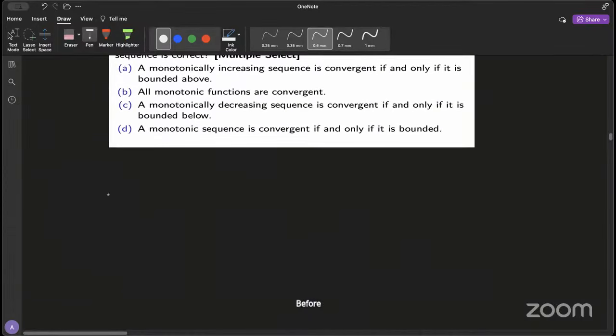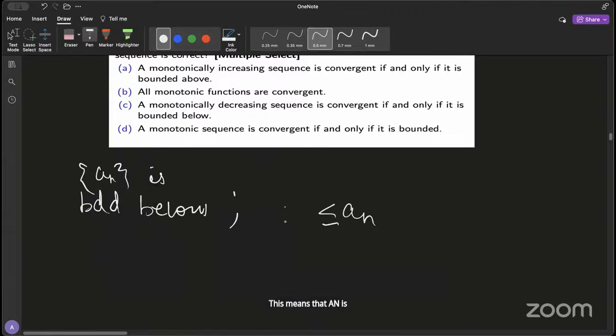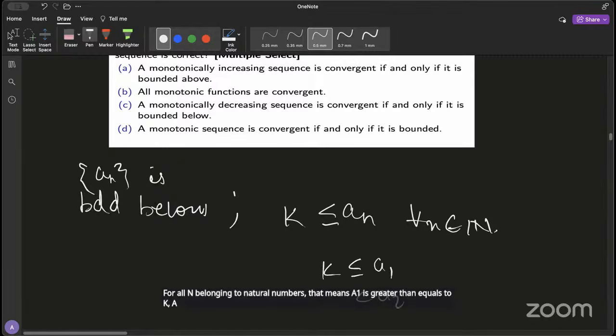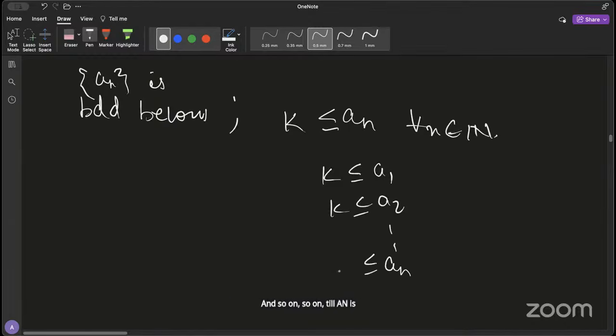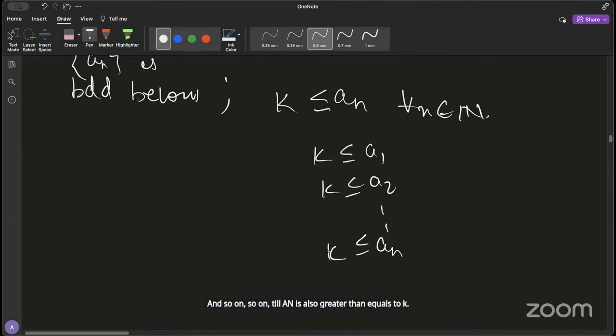Before coming to this question, I'll write what bounded below means. We say a sequence An is bounded below. This means that An is greater than or equal to some constant number k for all n belonging to natural numbers. That means A1 is greater than or equal to k, A2 is also greater than or equal to k, and so on till An is also greater than or equal to k for all n, right?